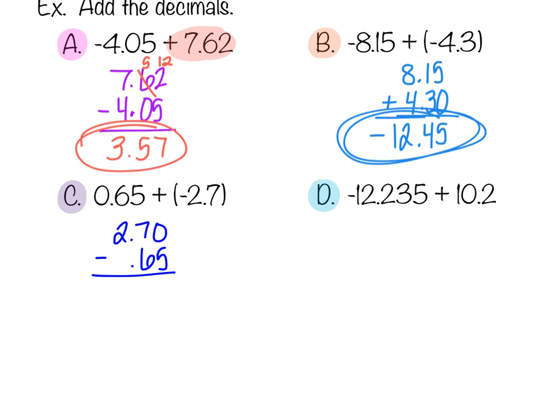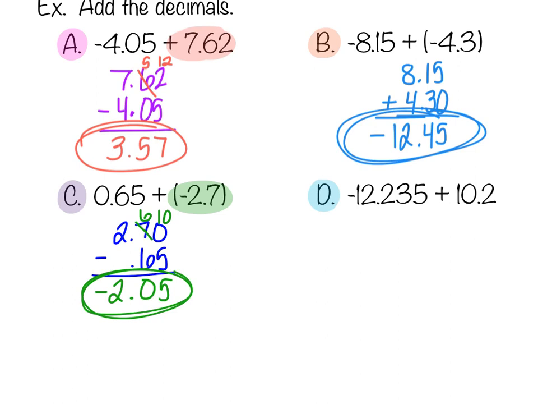And you can't subtract 0 minus 5, so we borrow, and that gives us 10 minus 5, which is 5. 6 minus 6, which is 0, drop down the decimal point, and 2 minus nothing, which is 2. Keep the sign of the larger number, and the larger number is negative this time. So keep the sign of the larger number, then you'll be exact. So we've got negative 2.05 for our answer.